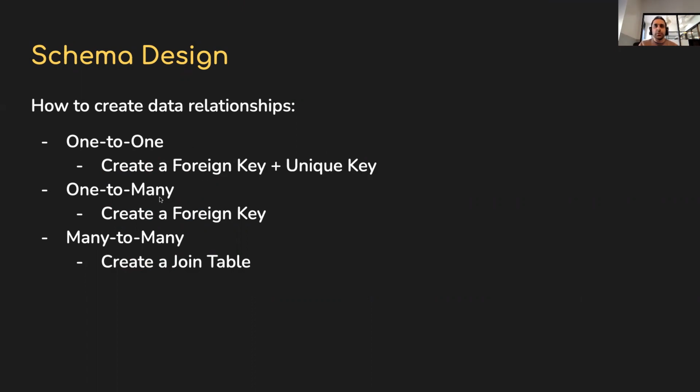One-to-many, I think we've been doing this pretty consistently. If you want a one-to-many relationship, simply add a field and then create a foreign key relationship, meaning you're referencing some other table. So this is not limited to one instance of it. For example, if we had restaurants and addresses, we would add a foreign key to the addresses table referencing a particular restaurant.